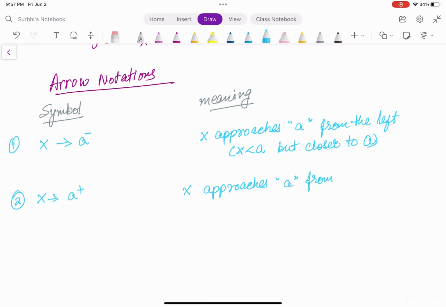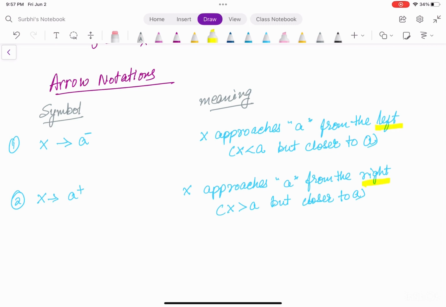So how will you read it? x approaches a from the right. Now again, x is not equal to a, but x is greater than a, but closer to a. Right? So be careful with the negative and positive and how to read them.